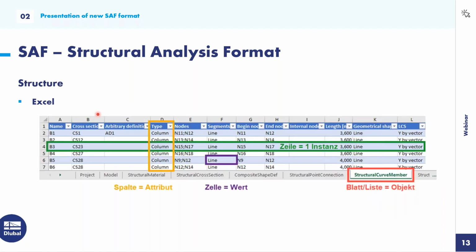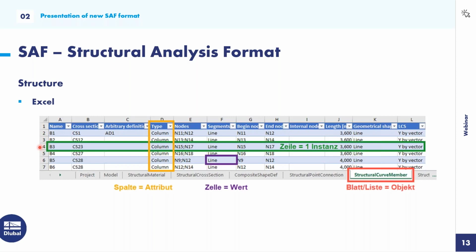So how is the structure of this format? Basically, a SAF file can be divided into 4 components. On the bottom part, we have different, I will call them object types. So we have the structural curve member, structural point connection, cross-section, material, model, project. Each object type, so each list, contains a bunch of information.